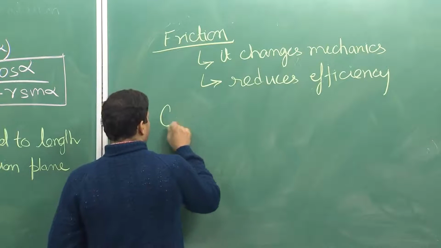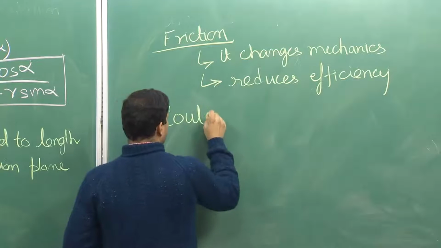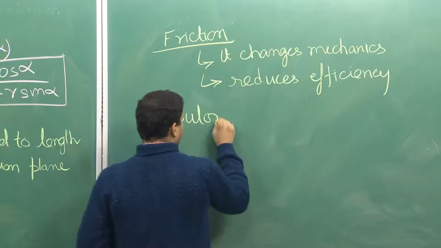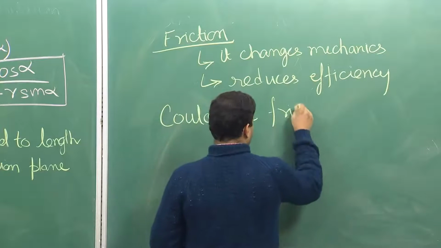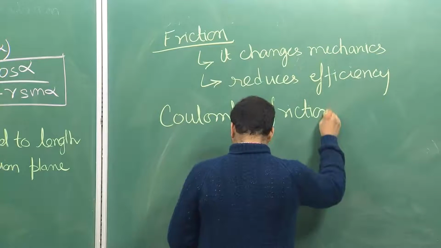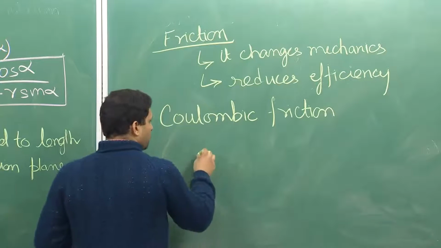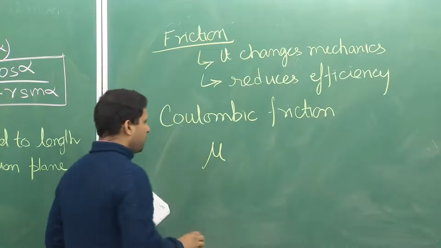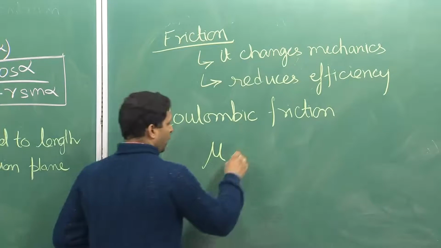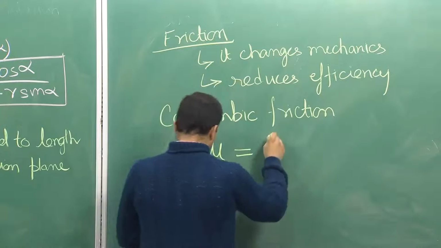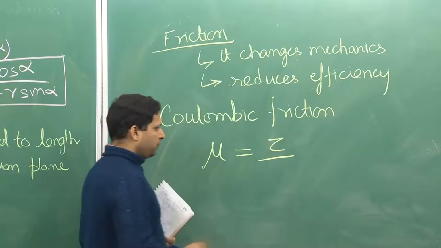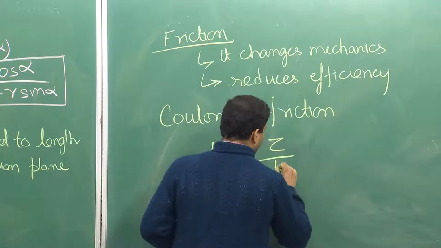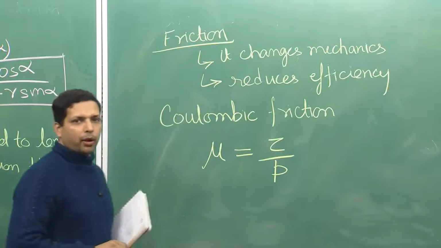One important way to describe friction is what is called Coulombic friction. What is Coulombic friction? This is actually a factor or a ratio between the shear stress acting on a particular plane divided by the normal pressure acting on that particular point.